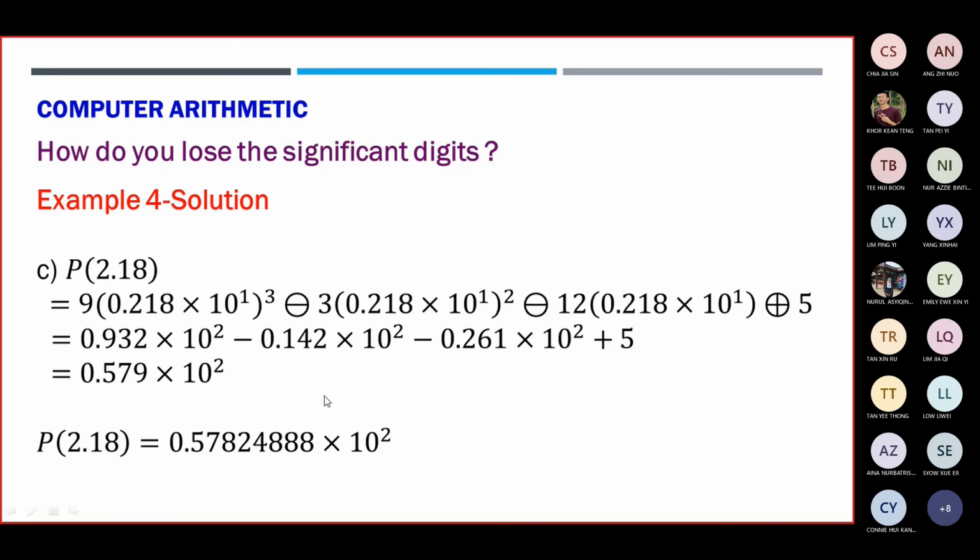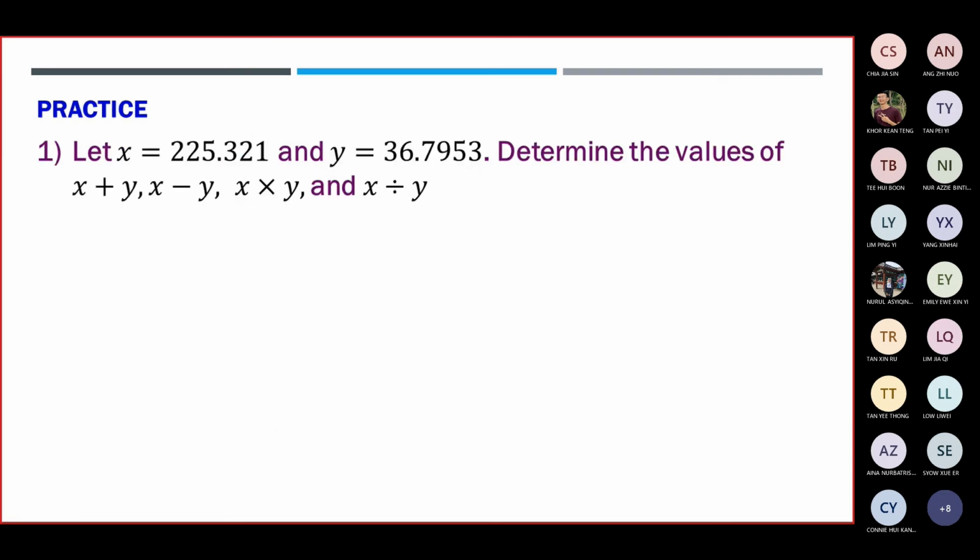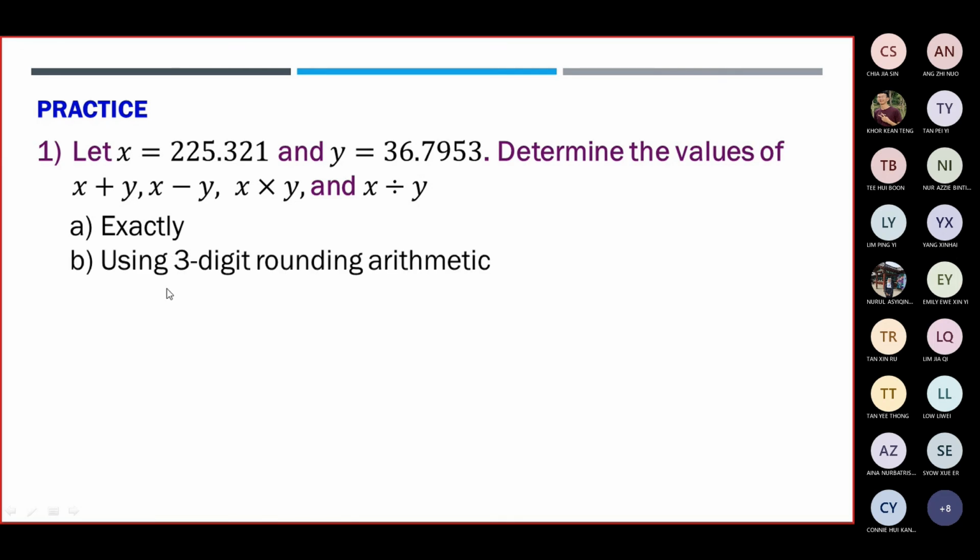I already gave sufficient examples for you to make your own practice. If you still find any difficulties, you let me know during the tutorial times, and I will teach you how to do it. For the practice, I want you to attempt this on your own. You can use what I showed you earlier as the example. Find all the figures according to the given instruction: the exact solution, then using 3-digit rounding arithmetic, and then 4-digit chopping arithmetic.